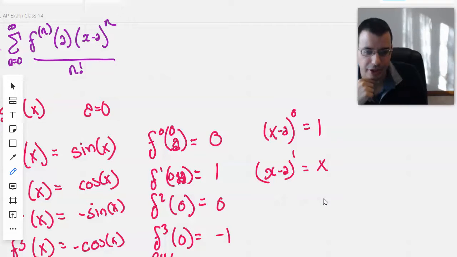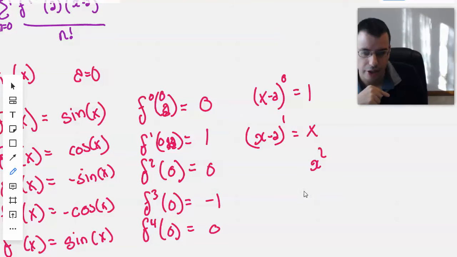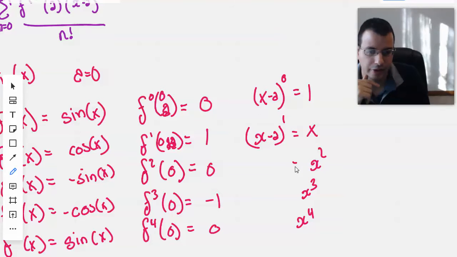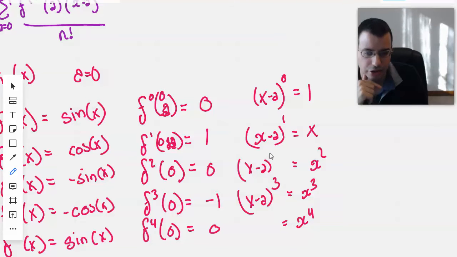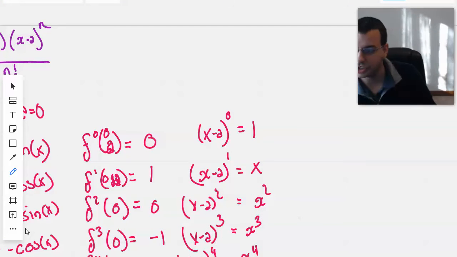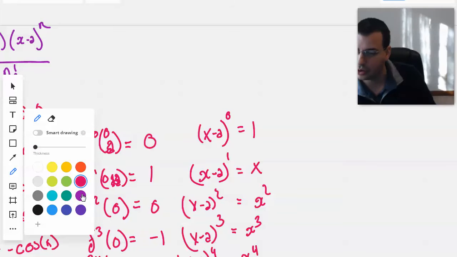Then this will be x squared, x cubed, x to the fourth. And then, just as an example here, x minus a to the third, x minus a squared, x minus a to the fourth.